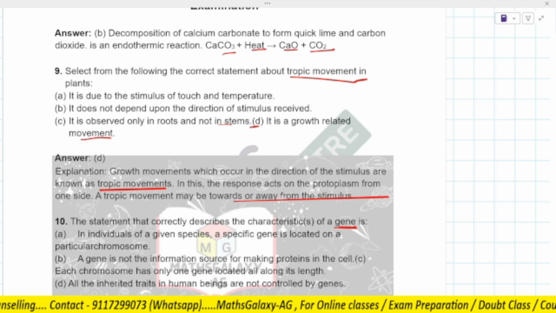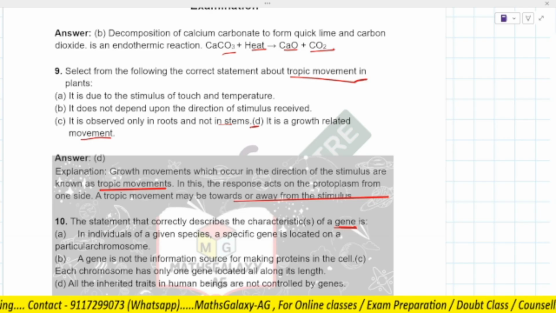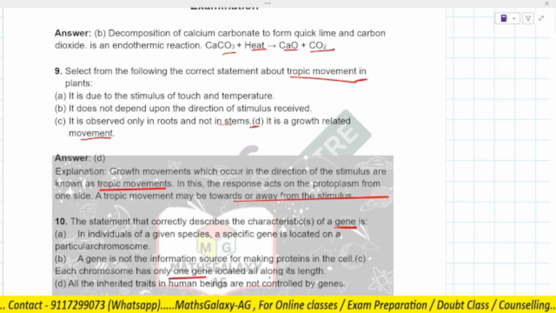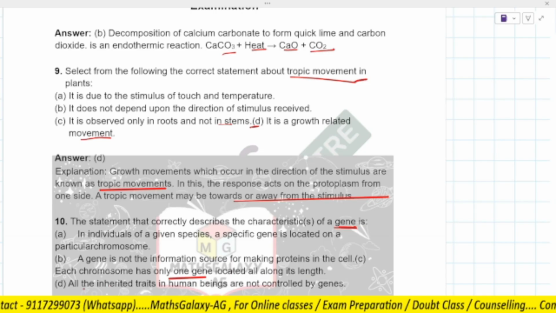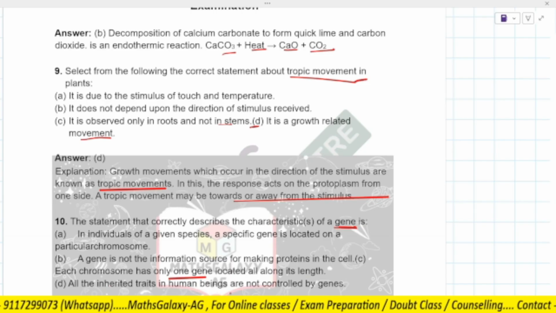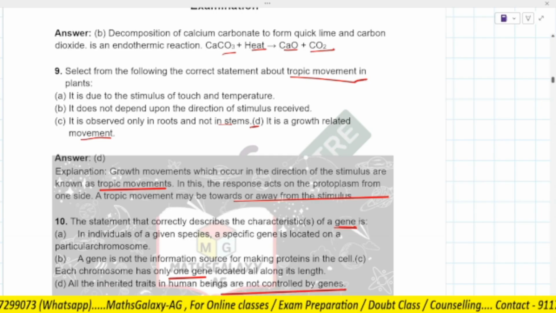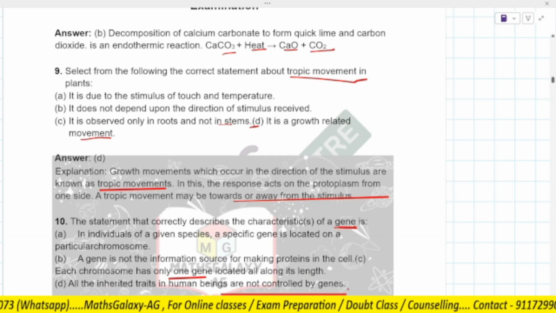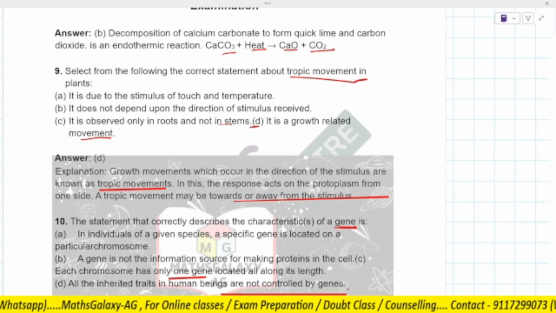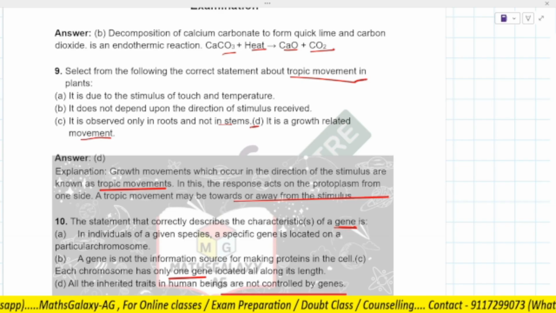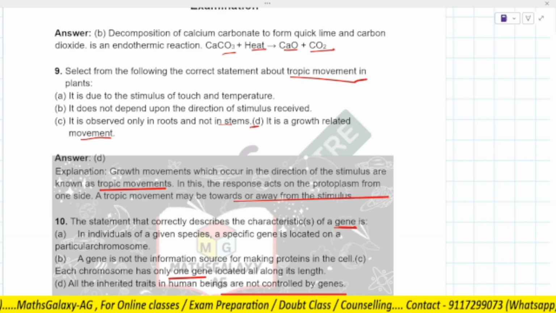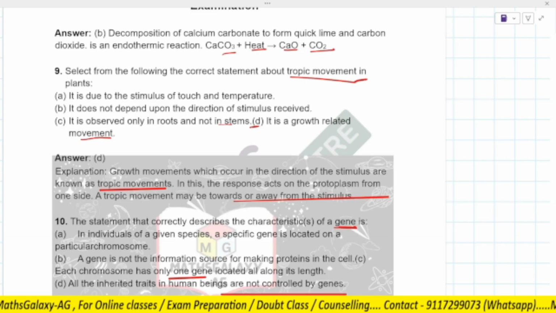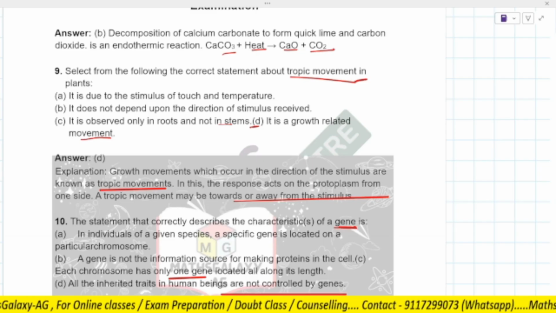Option C said that each chromosome has only one gene located all along its length. Option D said all the inherited traits in human beings are not controlled by gene. So which one will be the correct answer?